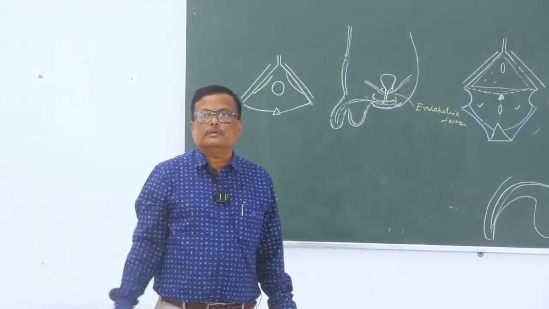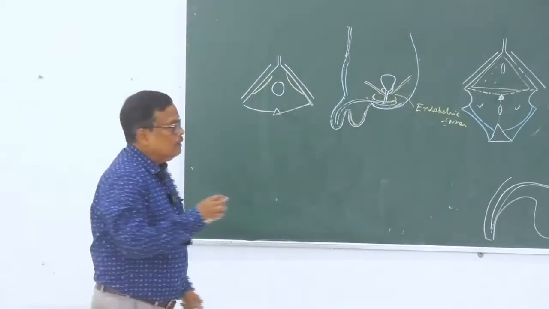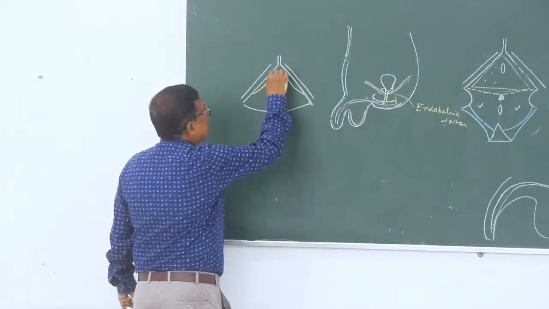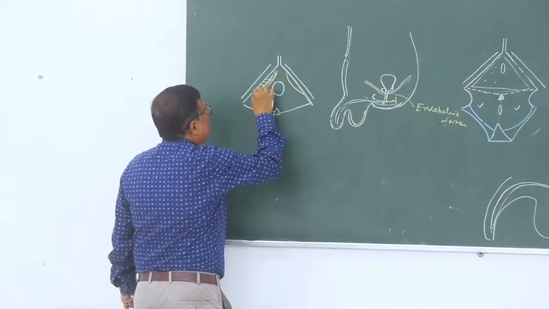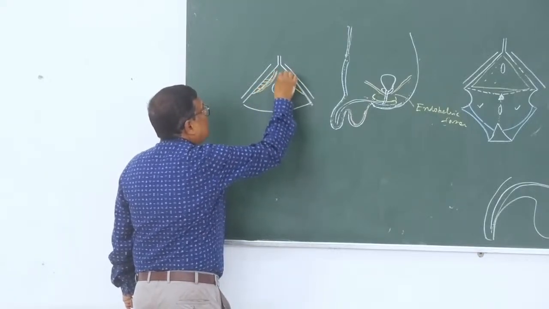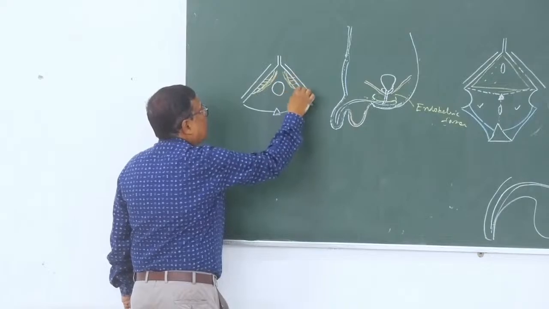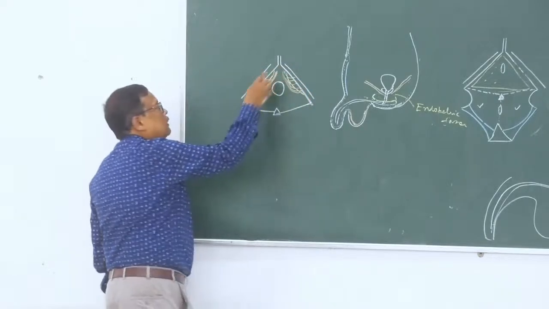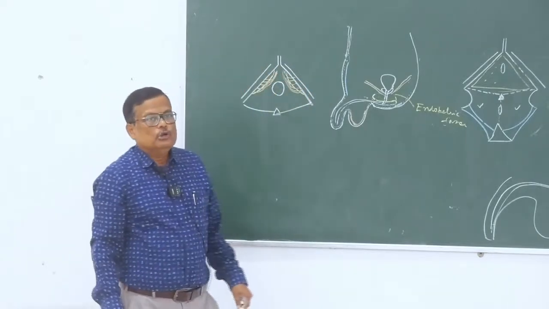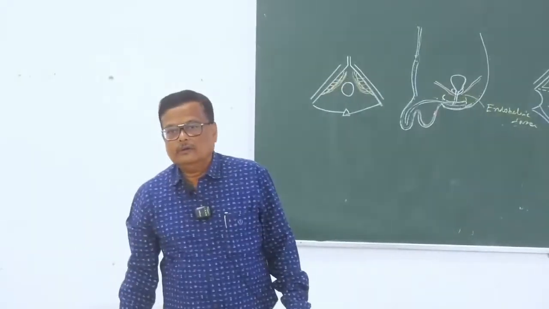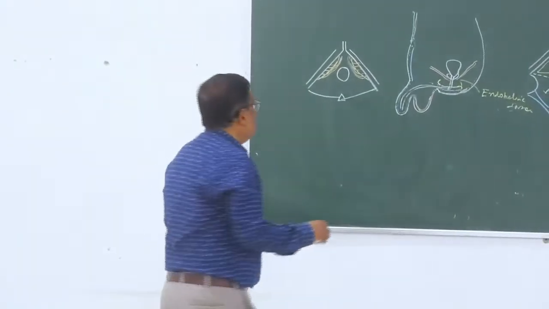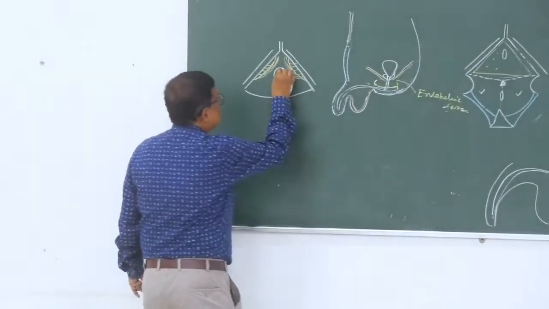Four important muscles are present here. One covering the crus of the penis, which we call ischiocavernosus, one on either side, and one covering the bulb of the penis.